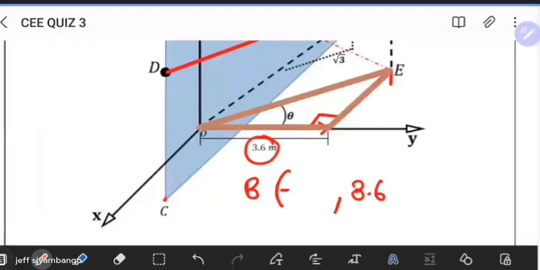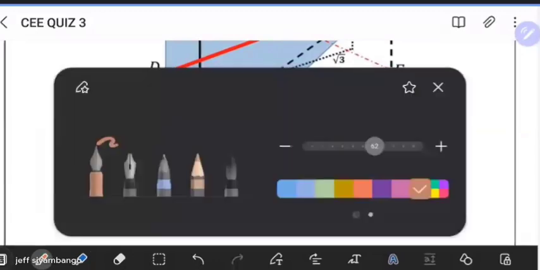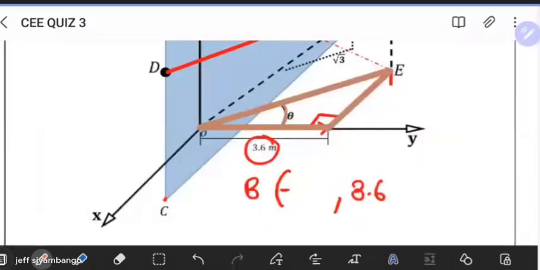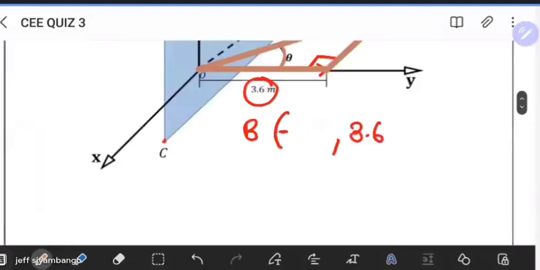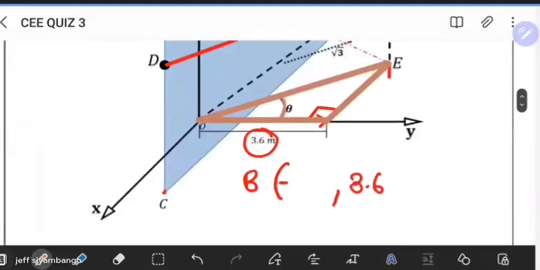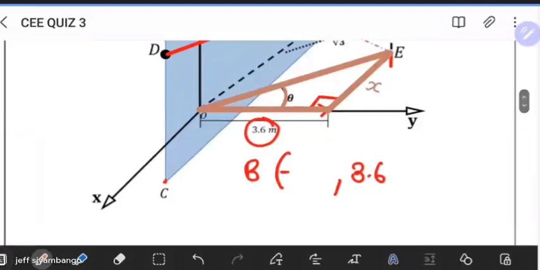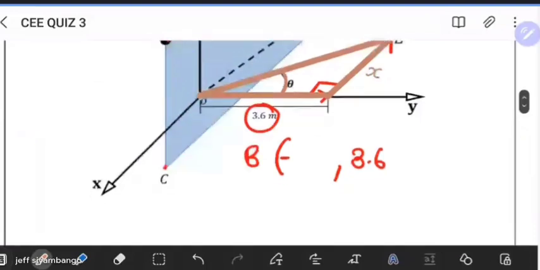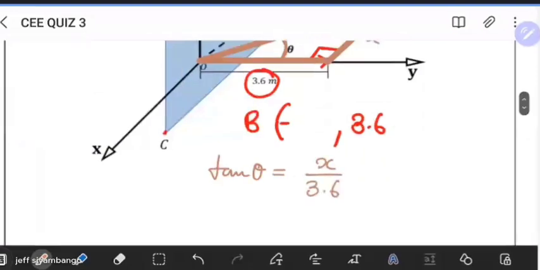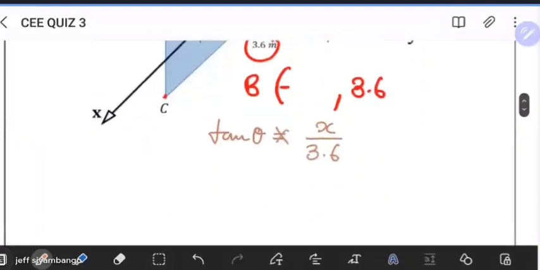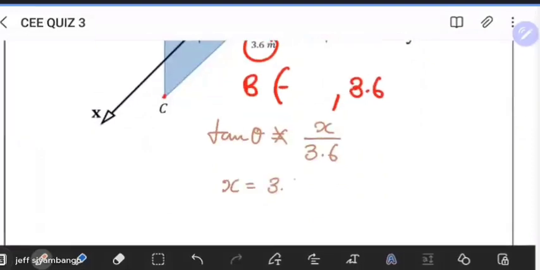Now remember, the angle at the bottom here was given in the question, and that angle is 30 degrees. Let me label the side I want as x for now. We can use tan here. By tan theta, opposite is x, adjacent is 3.6. When we cross multiply, we get x equals 3.6 multiplied by tan 30.